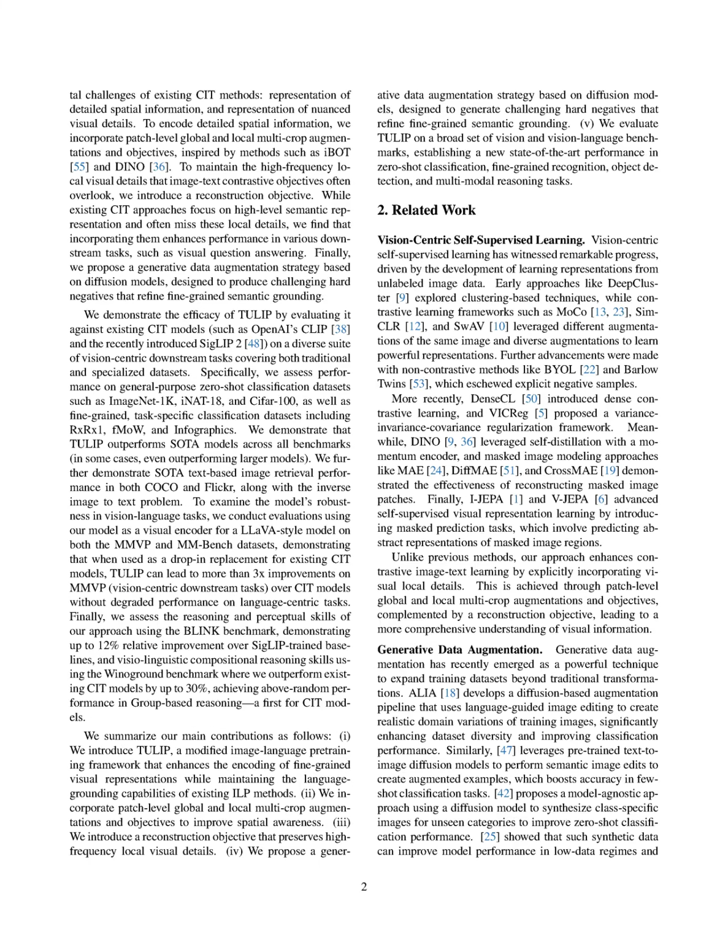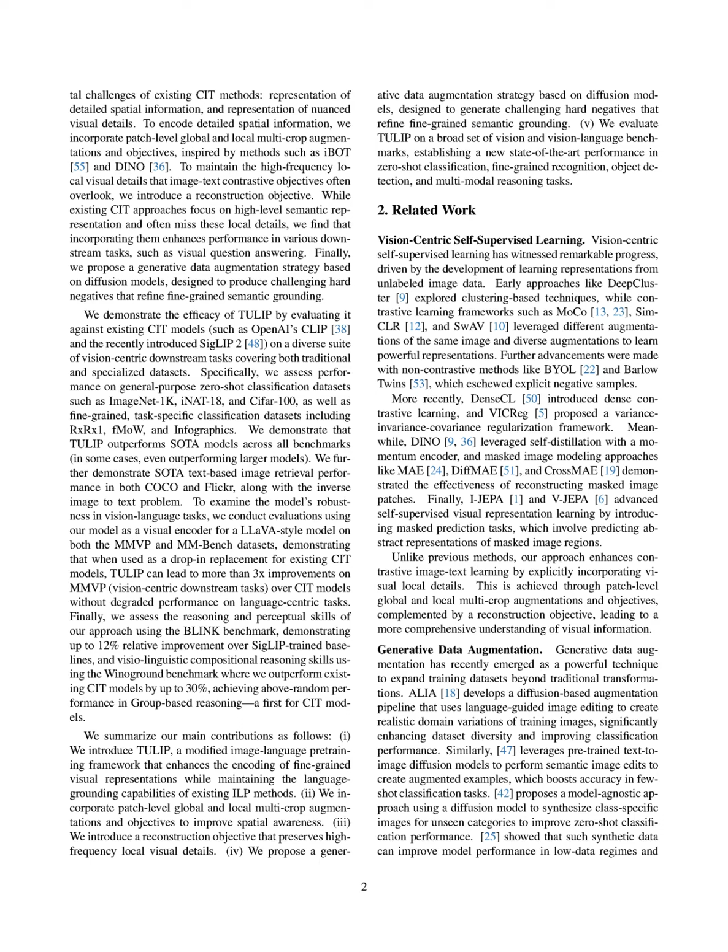Specifically, it outperformed models like CLIP and SigLIP in zero-shot classification tasks on datasets such as ImageNet 1K, iNat 18, and CIFAR100, achieving new SOTA results. In fine-grained recognition and object detection tasks, TULIP also excelled, with improvements noted in the BLINK benchmark, where it achieved up to a 12% relative improvement over SigLIP-trained baselines.